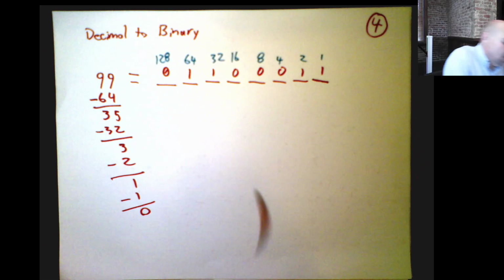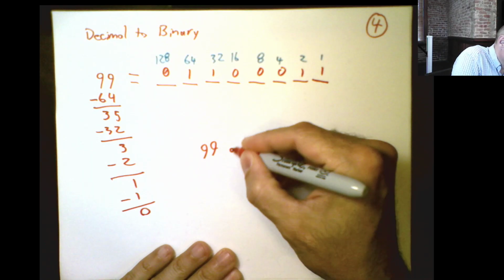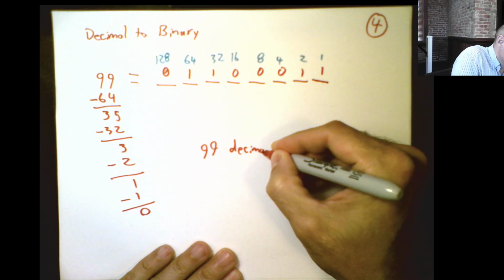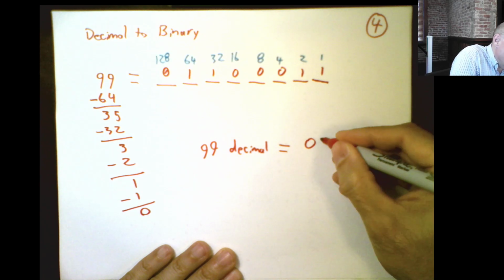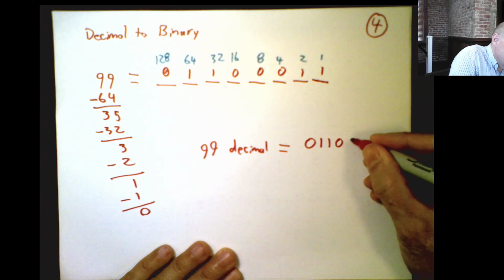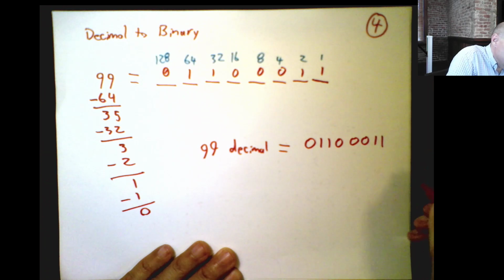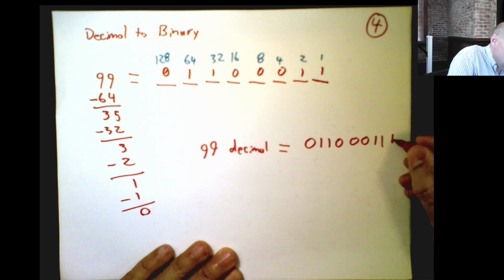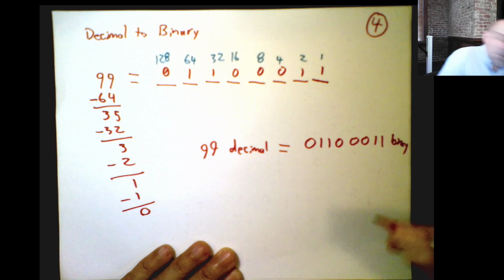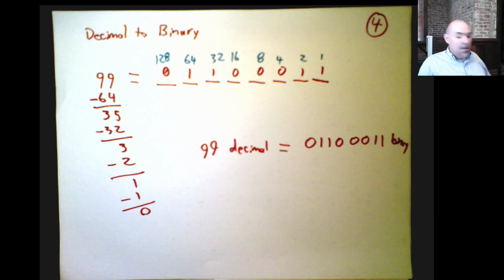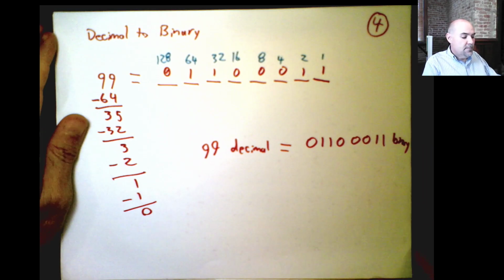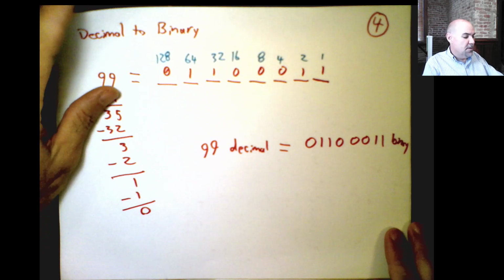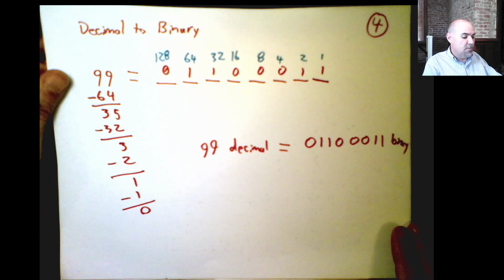So in this case, 99 decimal equals 0, 1, 1, 0, 0, 0, 1, 1 in binary. Okay, so hopefully you have a handle on how to do those conversions. You can go from binary to decimal, decimal to binary.